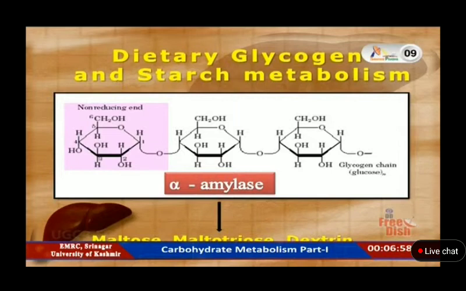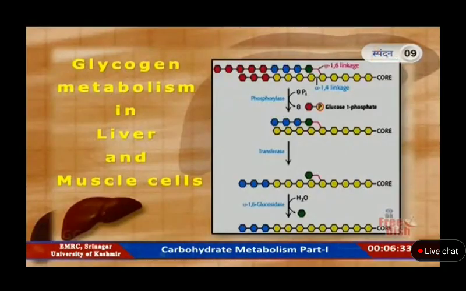Now, when the food reaches the stomach, high H plus ion concentration inactivates this enzyme, and then when the food again reaches the small intestine, another alpha amylase present in the small intestine starts degrading the glycogen or starch, and they degrade it into maltose, maltotriose, dextrins. These molecules are then degraded into smaller units by the enzymes present in the small intestine.